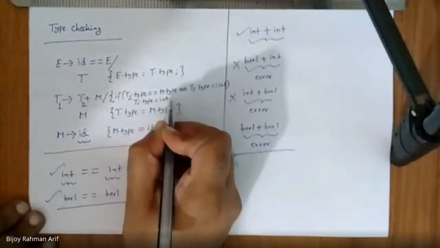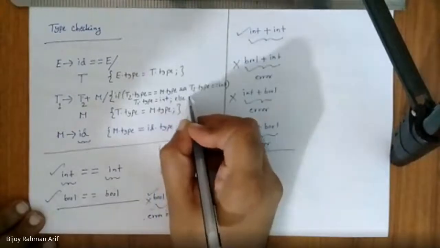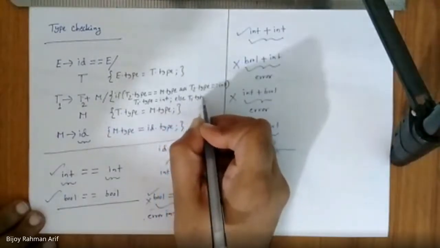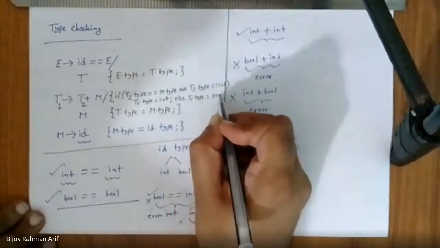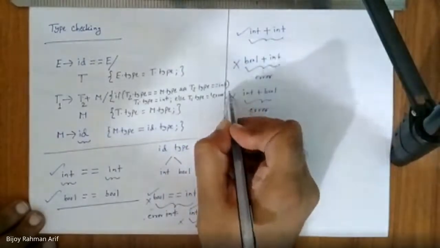We are assigning this integer. Else T1 dot type equal to, let's say, error. Is it clear to you guys? Did you understand this line?